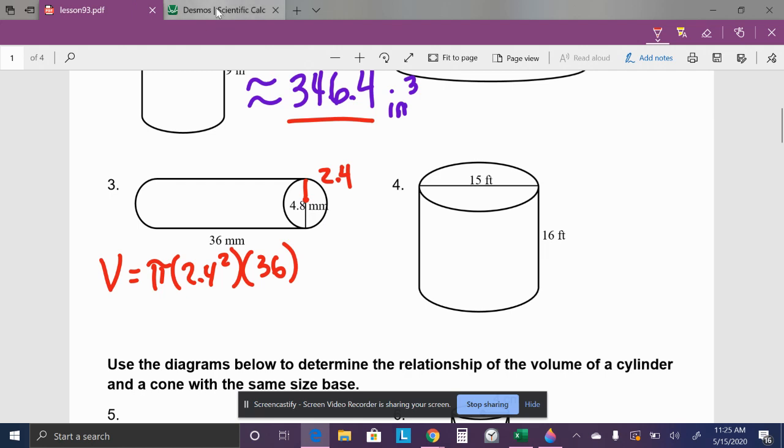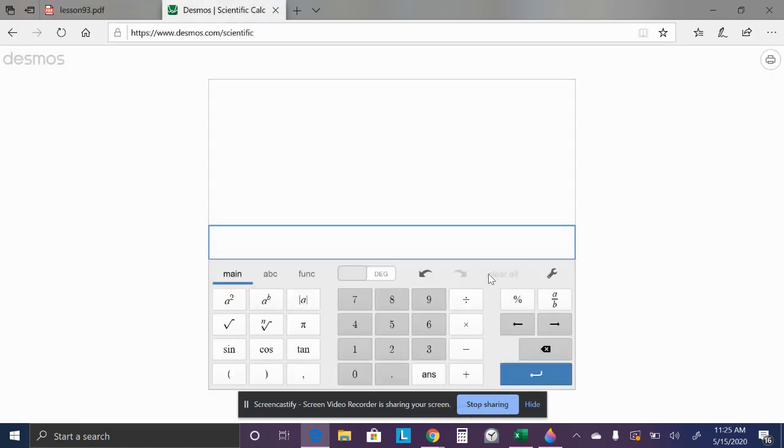Get my calculator. Pi, parentheses, 2.4 squared, times, what was it, 36? 36.